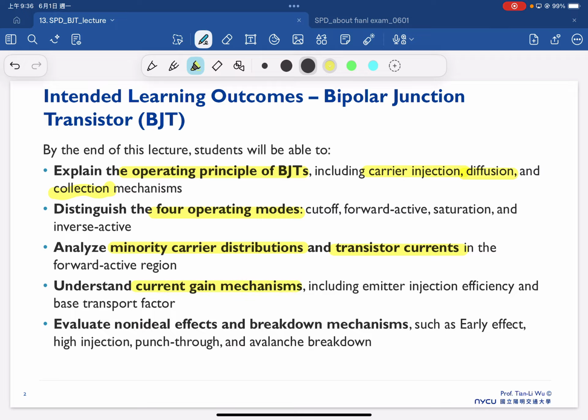That's also very important for the BJT. And we also need to understand several non-ideal effects and the breakdown mechanism. These are pretty unique considerations for the bipolar transistor. But if you're already familiar with the PN junction, then the bipolar transistor is just 2 back-to-back PN junctions combined with each other.